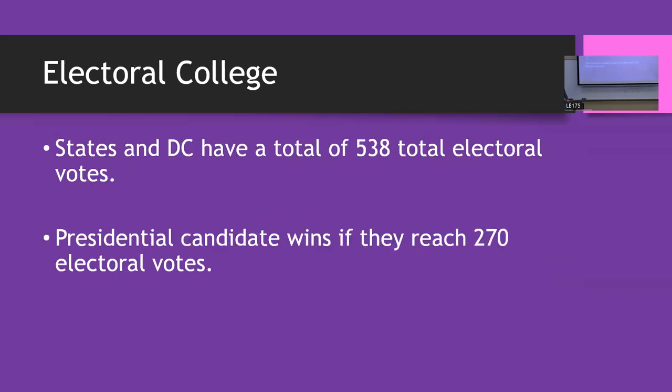And if you add up all the states along with DC, there's a total of 538 electoral votes. Now, if you take 538 and divide that by 2, you get 269.